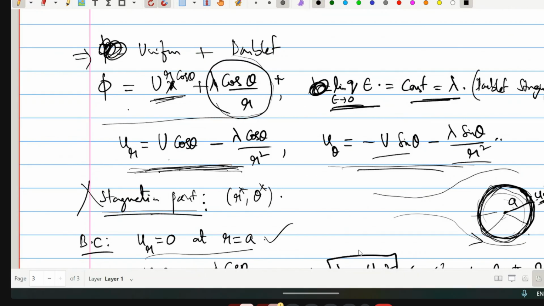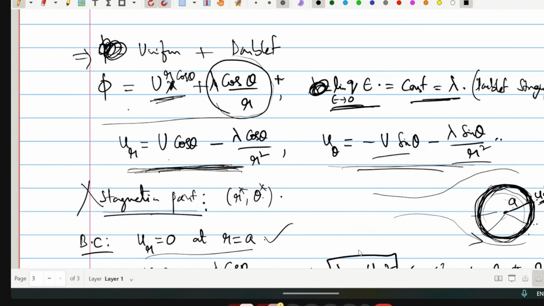But if you want to satisfy this circle boundary condition, then you need ur to be 0, right? So I have to add here also. Phi is this one. If you add a2 cos 2 theta divided by r square, then your ur is going to have 1 by r cube into cos 2 theta and so on.